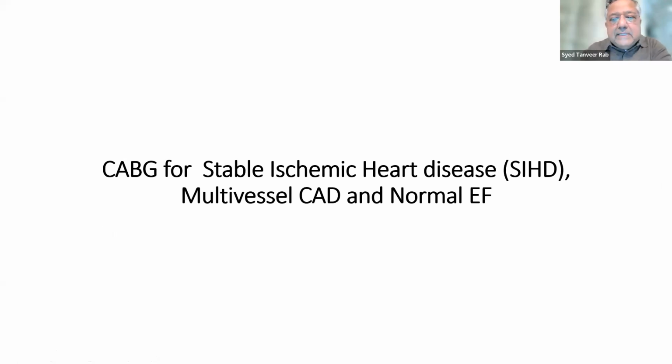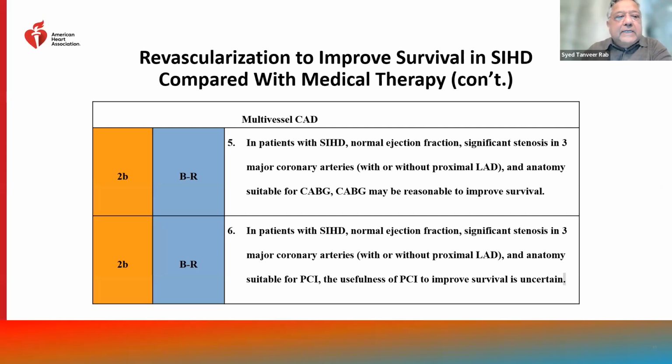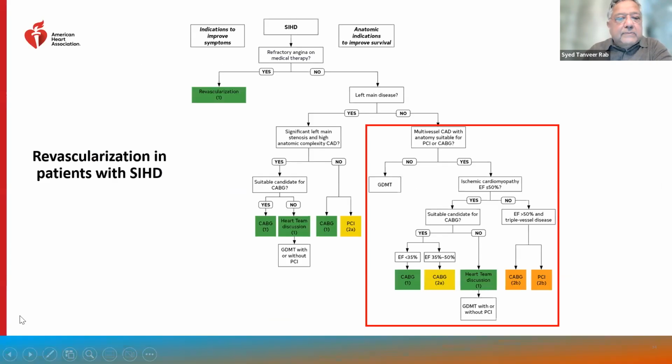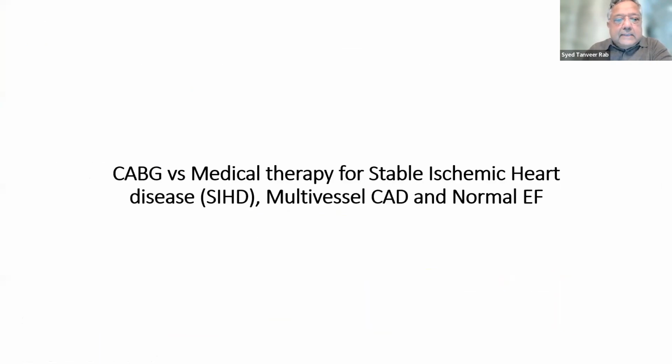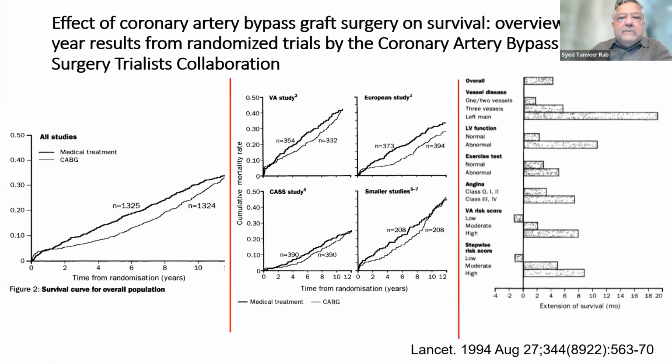So CABG with stable ischemic heart disease, multivessel CAD, and normal EF has been downgraded to 2B for both CABG or PCI, as I just talked to you about. And what about CABG versus medical therapy with stable ischemic heart disease, multivessel CAD, normal EF? The effect of coronary artery bypass graft surgery, medical treatment arm versus CABG arm.